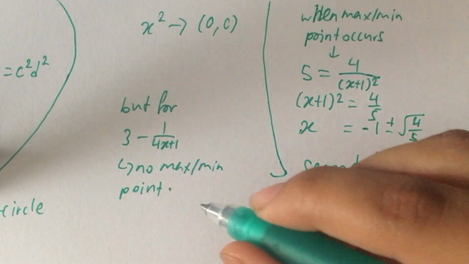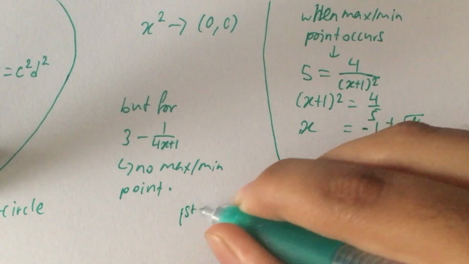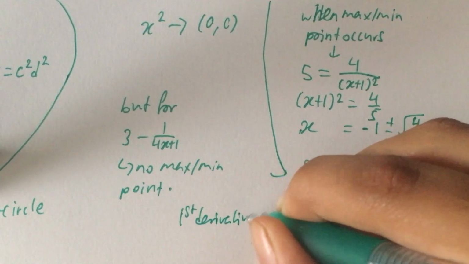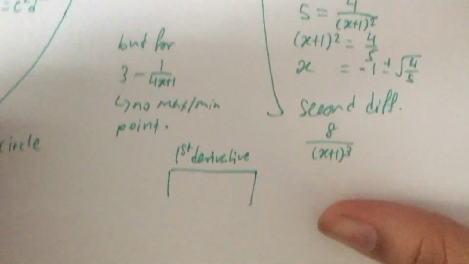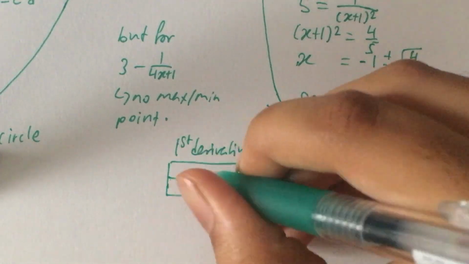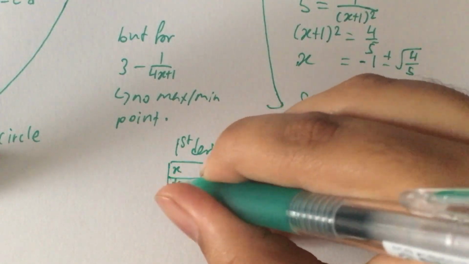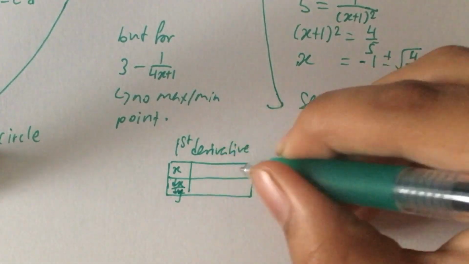If you want to do the second derivative test, then you just need to differentiate it another time, which is very useful if you don't like to draw tables and you just want to get this done quickly. But it only helps if the thing that you differentiated gives you an easy thing to differentiate.